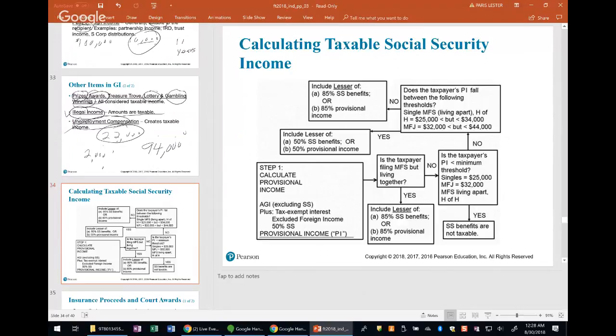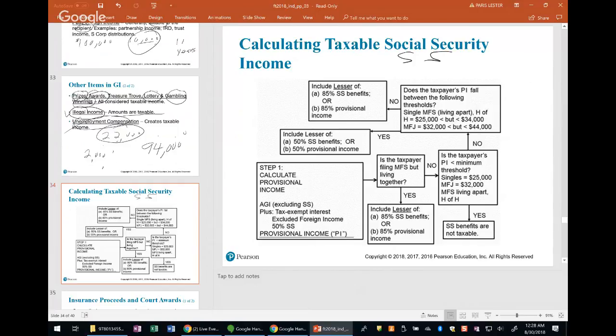All right, we got to follow this formula. Social Security.